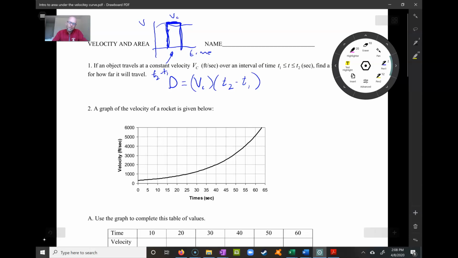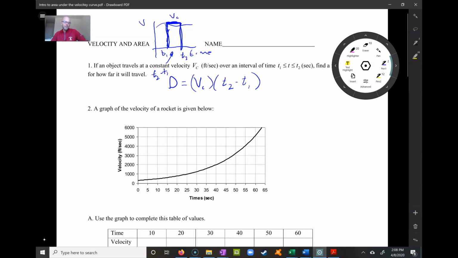That's why we're multiplying constant velocity times t2 minus t1, which is my time 2 and my time 1, the time at the beginning of the interval and the time at the end of the interval. Okay, so that's that formula. We're going to use that idea throughout this page.